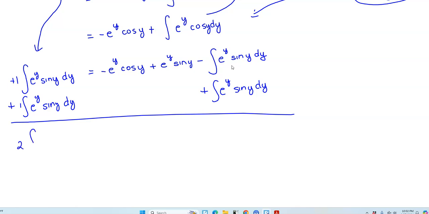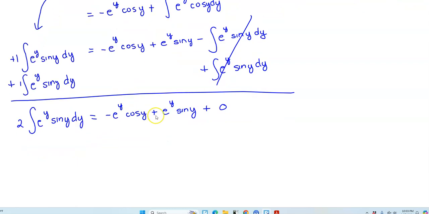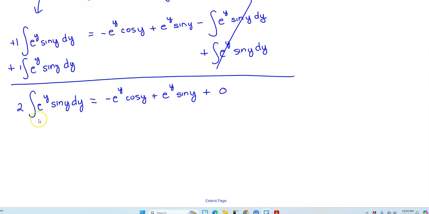So we get 2 times the integral of e to the y sine of y dy, and that's going to equal negative e to the y times the cosine of y plus e to the y times the sine of y, and that's plus 0. And so now let's go ahead and divide by 2.